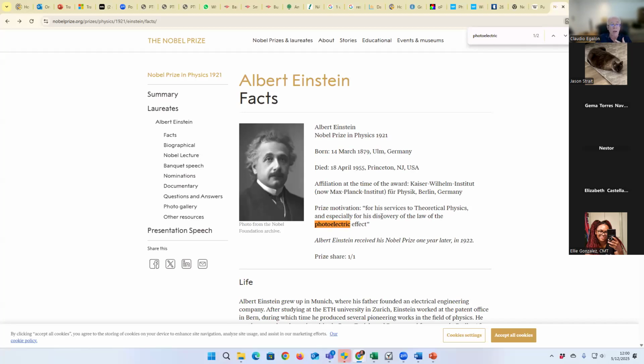And among those Nazi scientists was a guy that studied the photoelectric effect, okay? And it is as though the Nobel Prize committee was trying to tell the Germans, you know what? We're going to give a Nobel Prize, even though you have a Nazi scientist that did lots of work on the photoelectric effect. We're going to give a Nobel Prize on the photoelectric effect to a Jew. It looks like they were saying something like that to the Nazis, right?